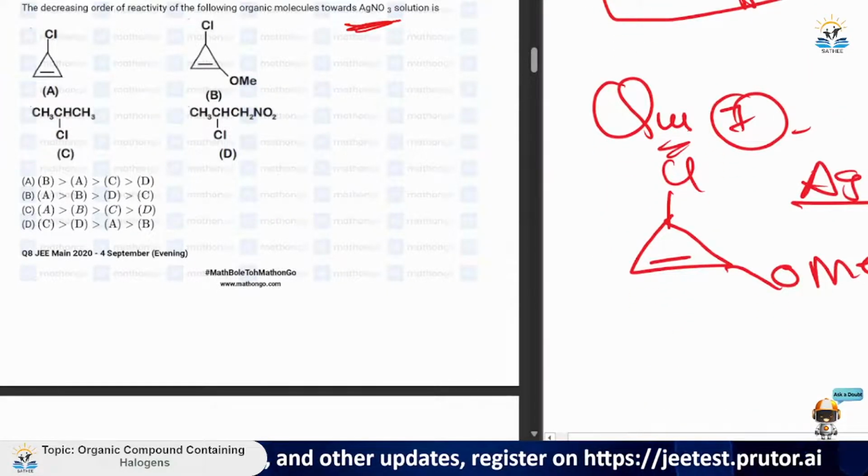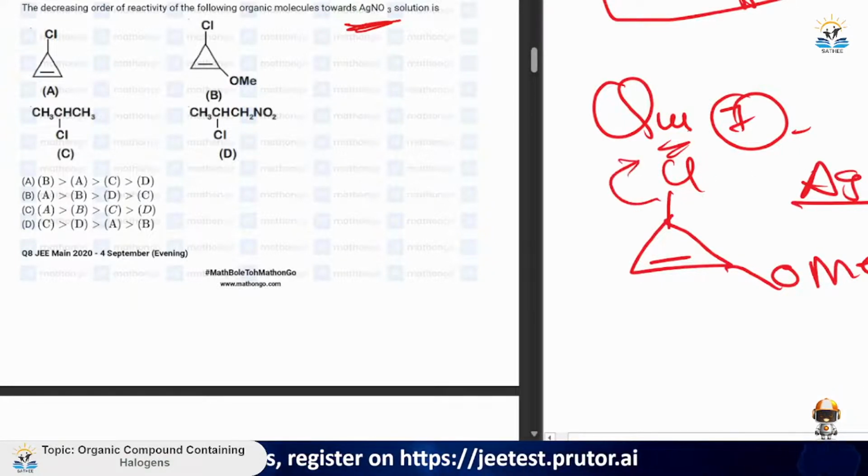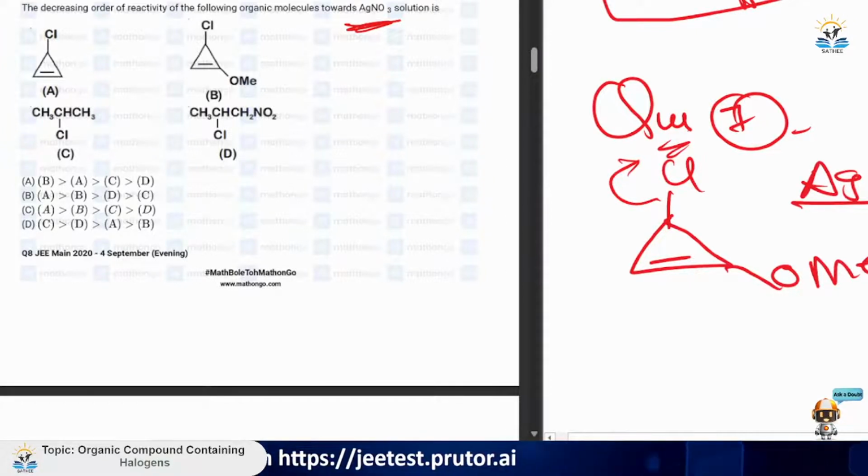The Cl goes out and the positive charge comes here.